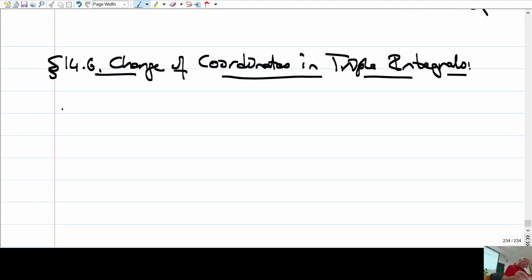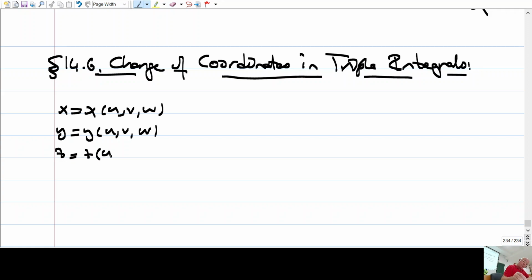So this time we have x as a function of UVW, y as a function of UVW, and z as a function of UVW. And then we have this volume element, which is dx, dy, dz.